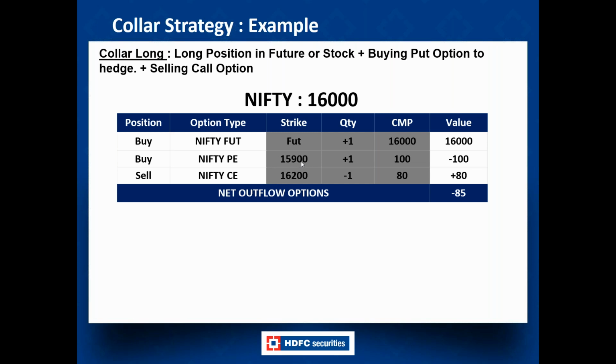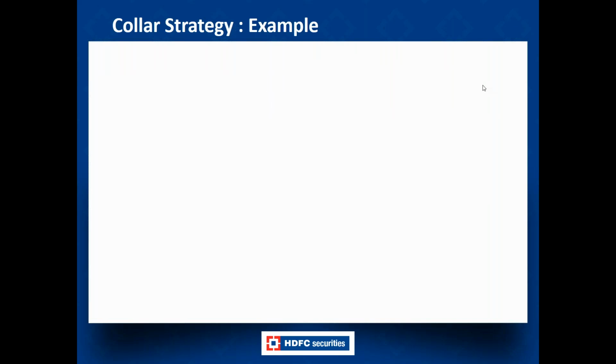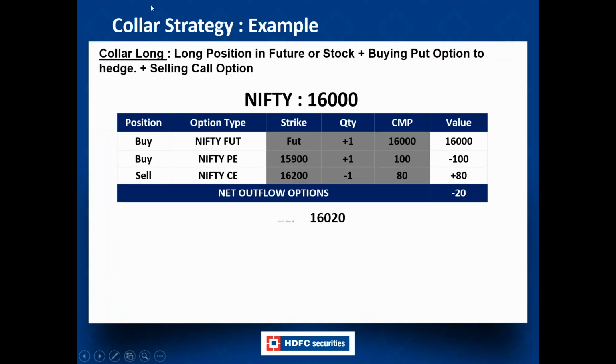Simultaneously, for protection, I will buy one lot of 15,900 put option at 100 rupees, and also sell the 16,200 call option at 80 rupees. So net, my outflow is just 20 rupees. So my break-even point is 16,020 rupees.